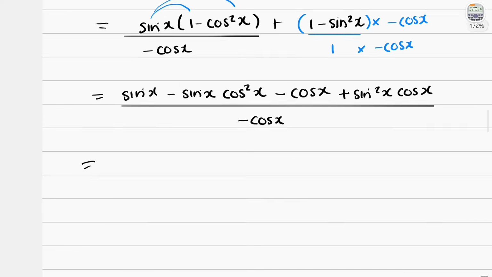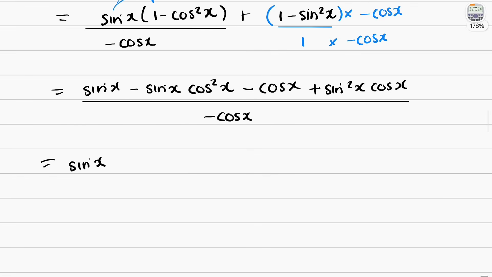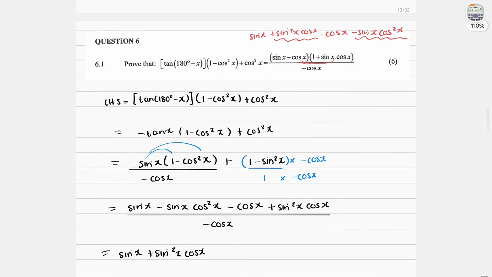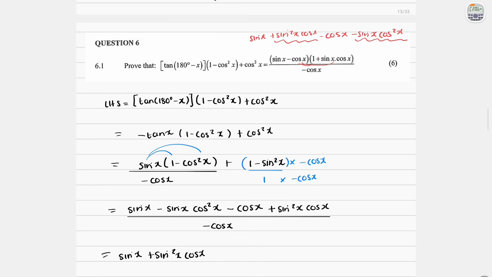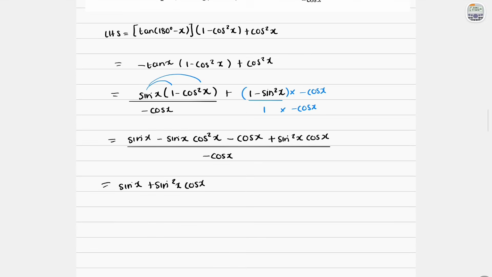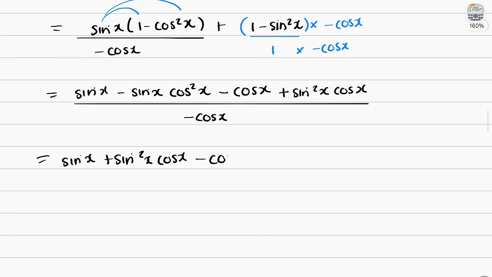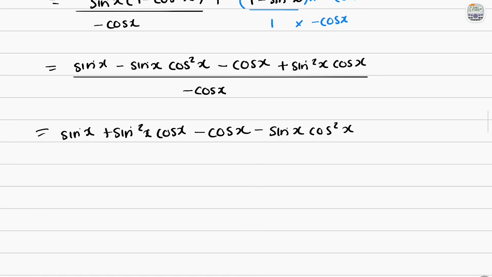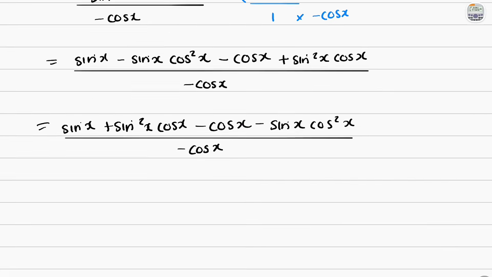So I'm going to rewrite this as the sine x and then put that here, positive sine squared x cos x. And then we need to put the minus cos x and then of course the negative. So this is minus cos x and then minus sine x cos squared x, and then all over negative cos x. And now we can factorize.